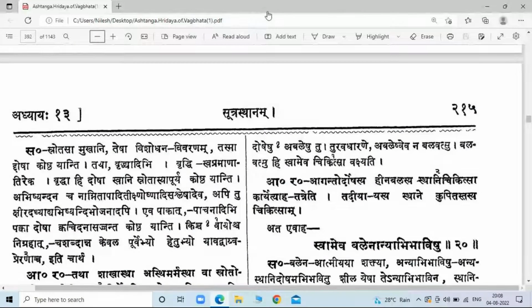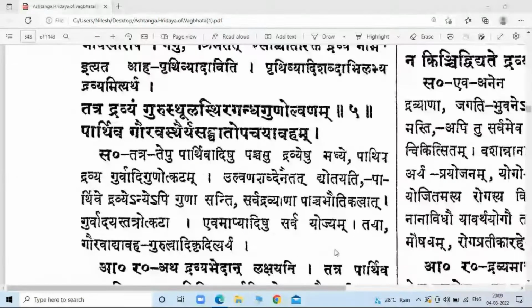All Dravyas, Karya Dravyas, are made out of all the 5 bhutas.